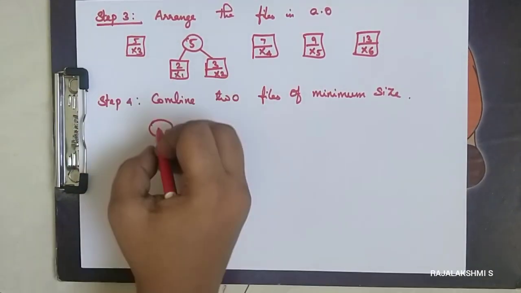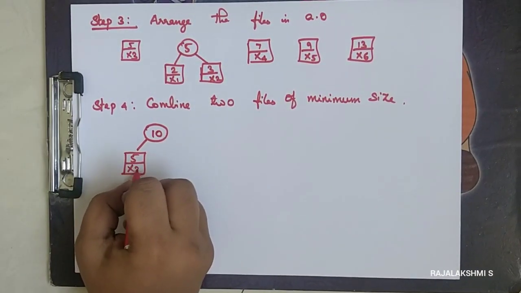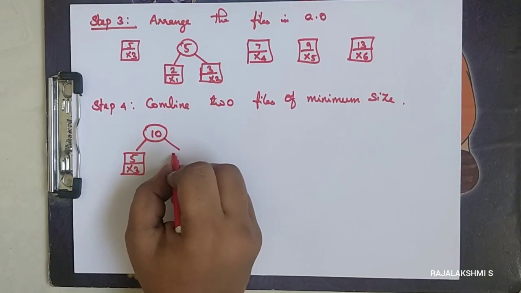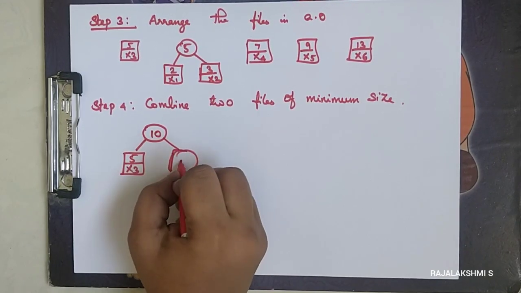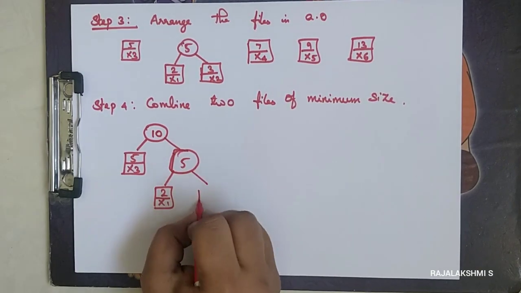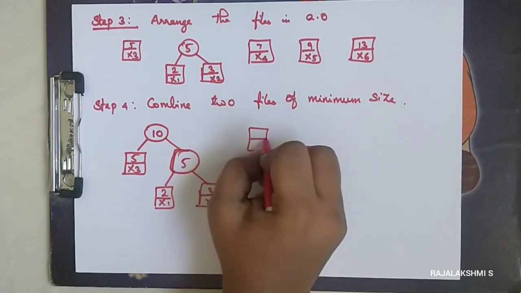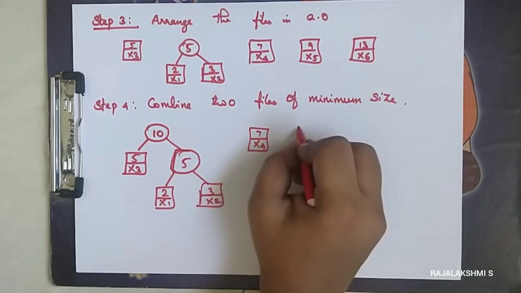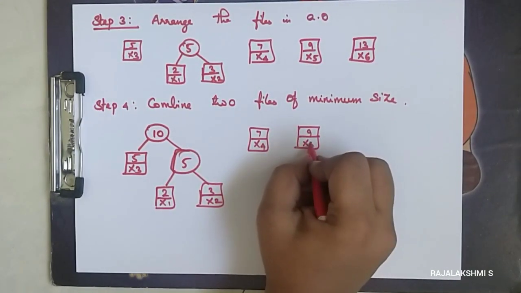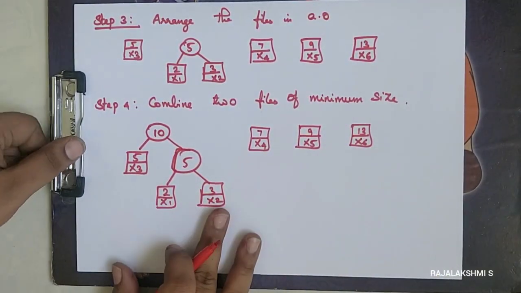So here it will be 5 plus 5, which is 10, and here we are having 5x3, and here it is 5. So here we are having 2x1, then 3x2. So here it is 7x4, 9x5, and 13x6, right? So after this, once again we have to arrange the files in increasing order.